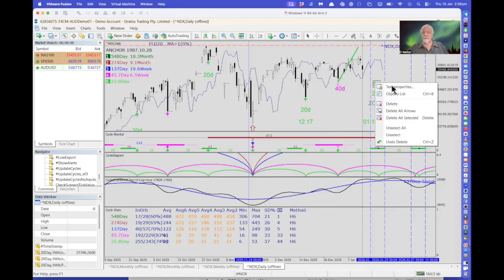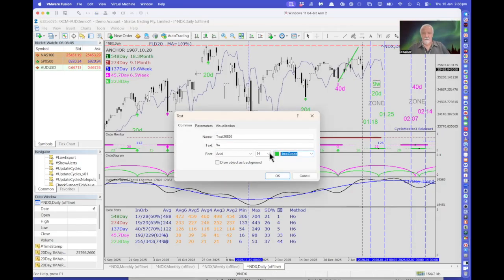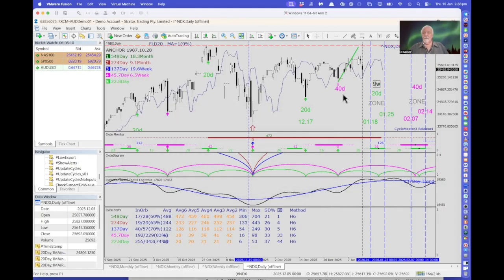Now sometimes the 9-week expresses quite strongly and pokes its nose right down in to this middle 40-day cycle. And sometimes it doesn't. I can't forecast what it's going to do, but it looks very much to me like it's already started to poke its nose in.